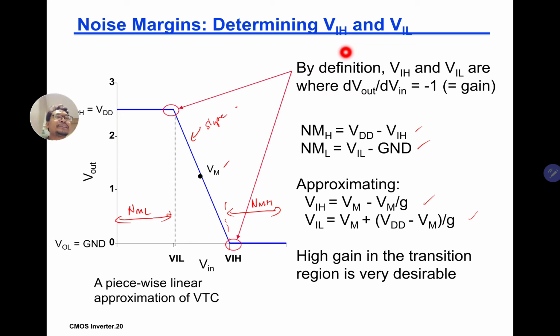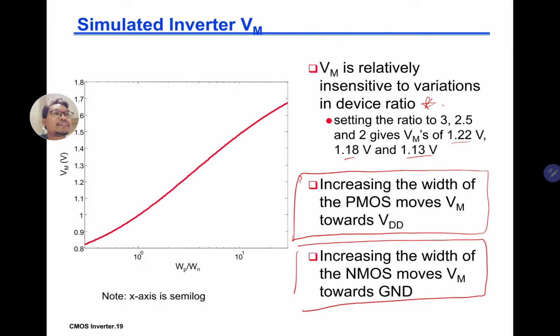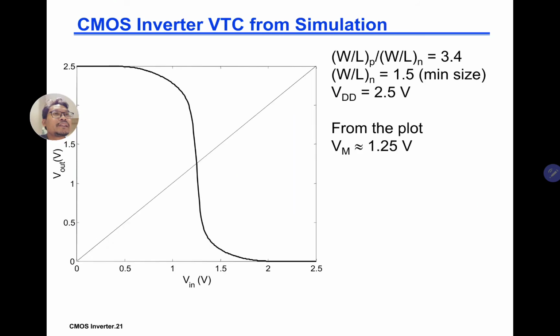That depends on the value of G. G is your gain, which determines the slope of your transition going from VDD to ground. Let's look at what G is.